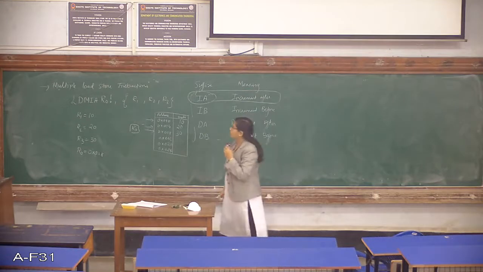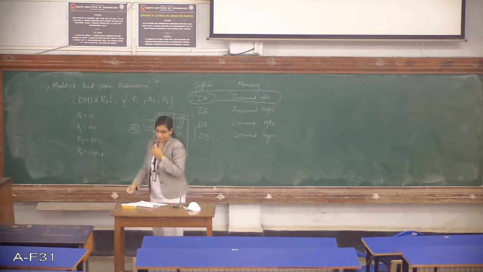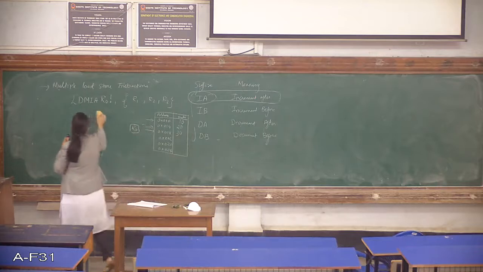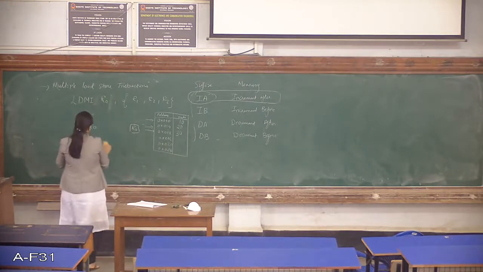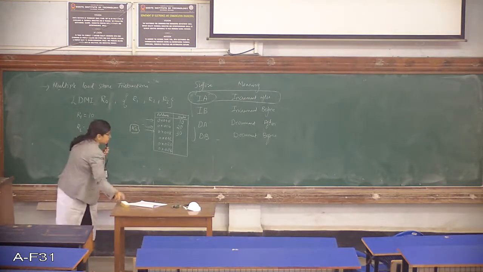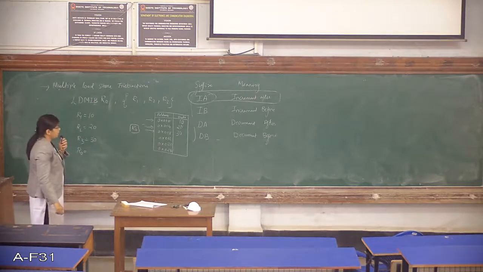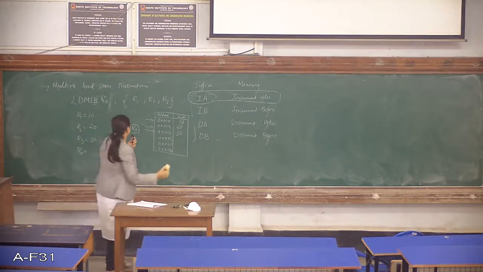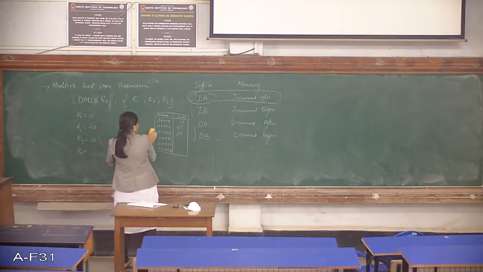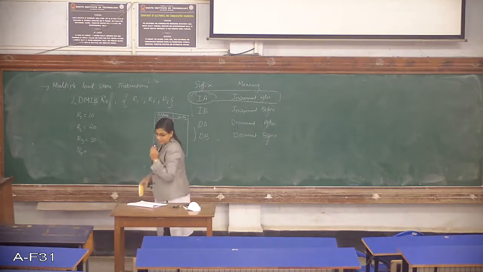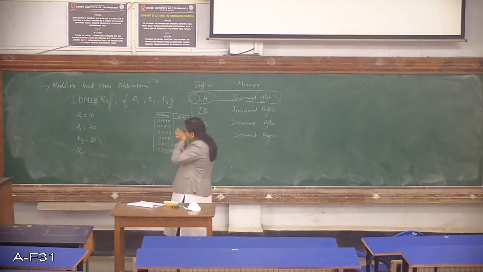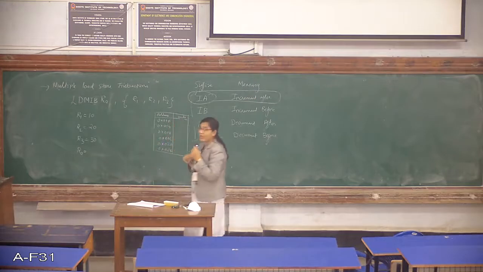Now let us go for increment before. I'll be writing it as LDMIB, which is increment before. So how exactly is it working here? Let us consider the same example. As the name says, it is increment before.